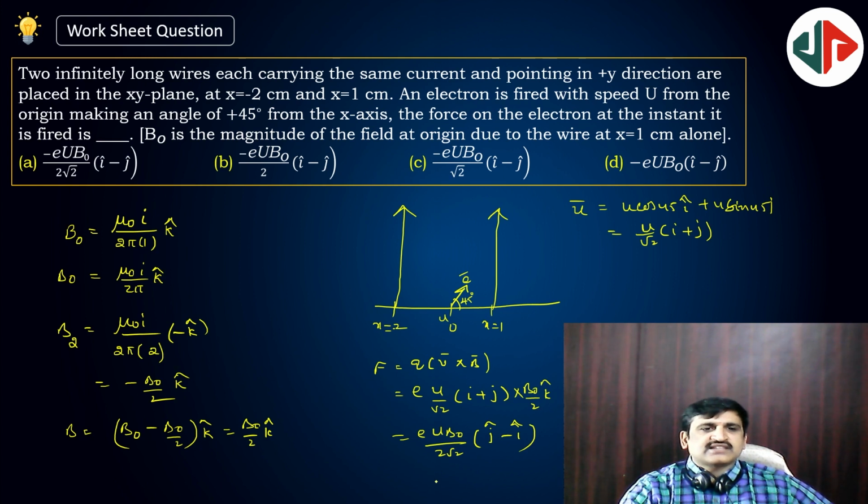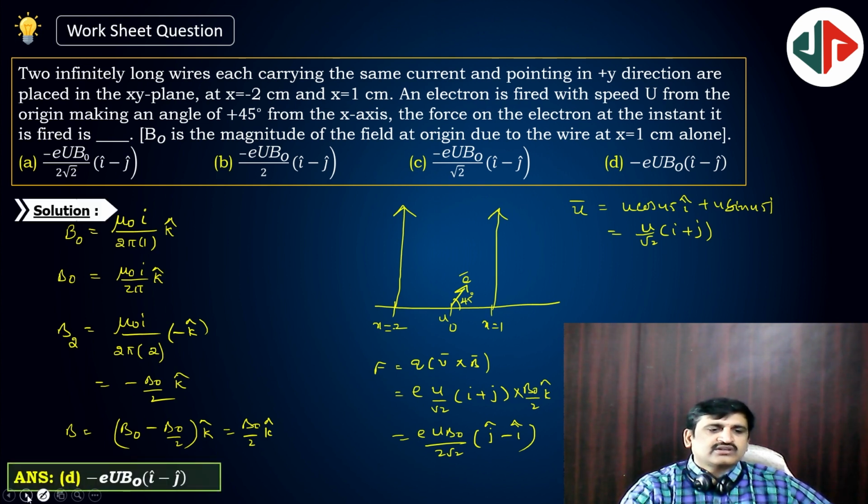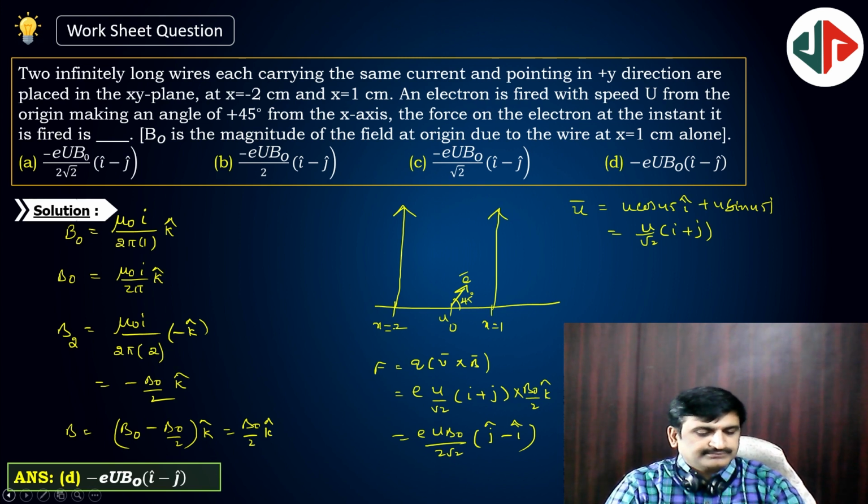So that is minus i minus j with a minus sign. The first option is close. And what happened to the 2 root 2? I need to check. The 2 root 2 is there in option D.